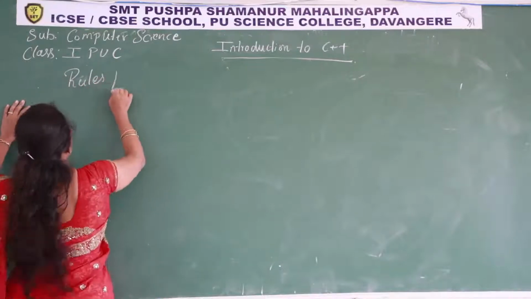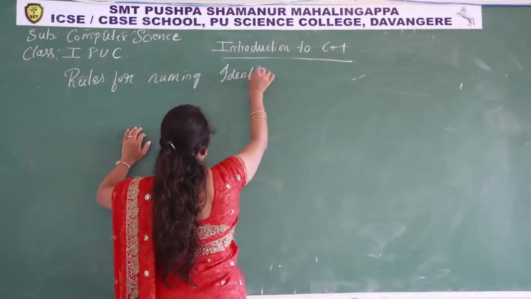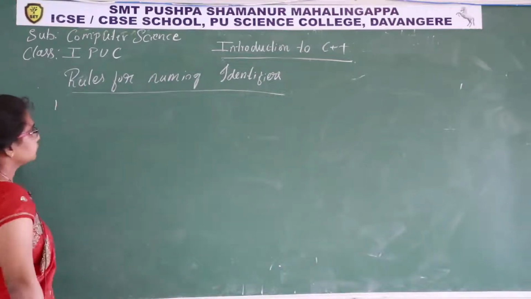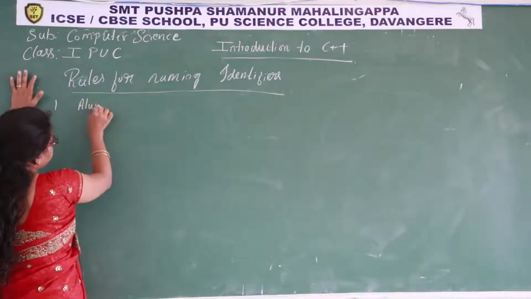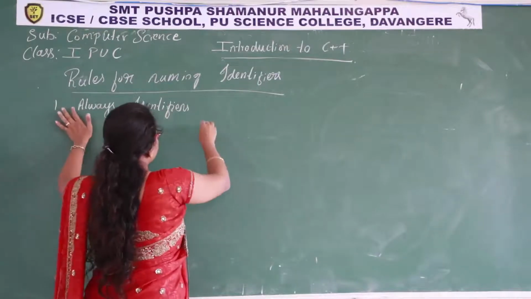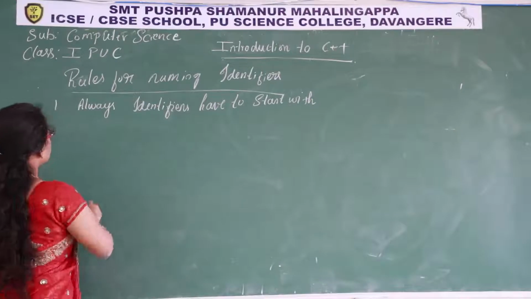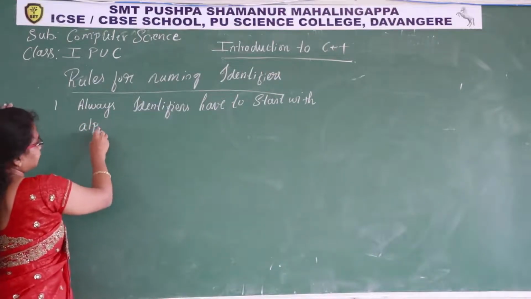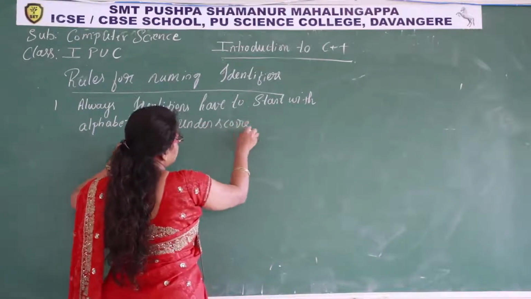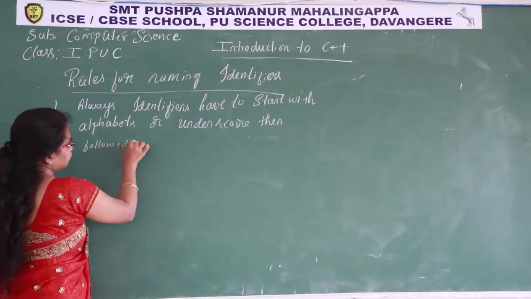Rules for naming identifiers. Always identifiers have to start with alphabets or underscore, then followed by digits.